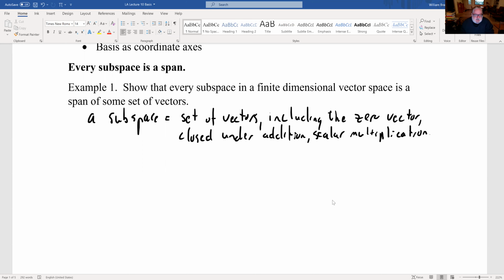Okay, so how do we show that every subspace is actually a span? And this is why we're interested in spans. Well, we'll call the subspace V because I need a name for it. If V is just the vector 0, then we're done because it's a span of just the 0 vector.